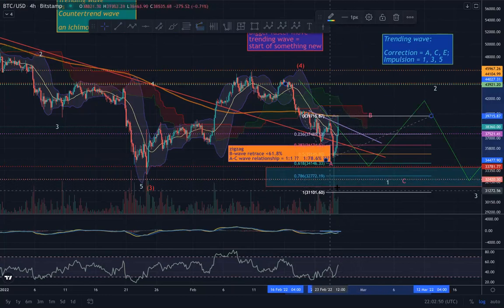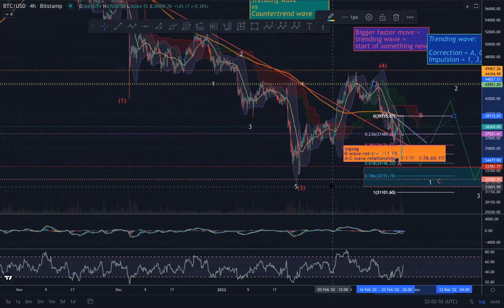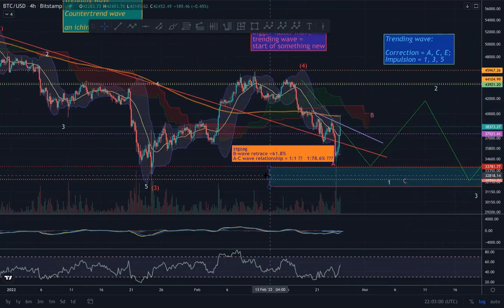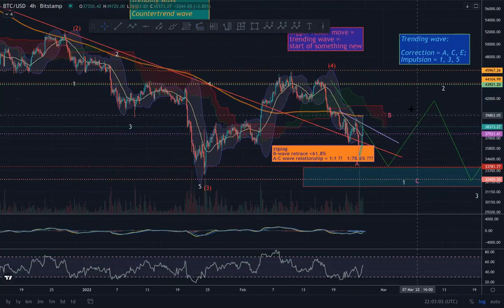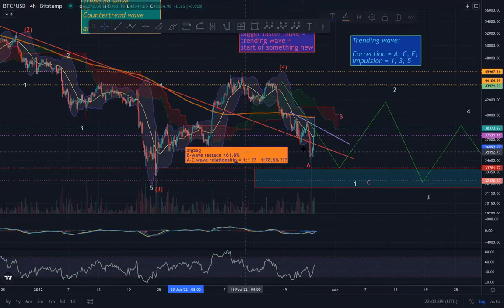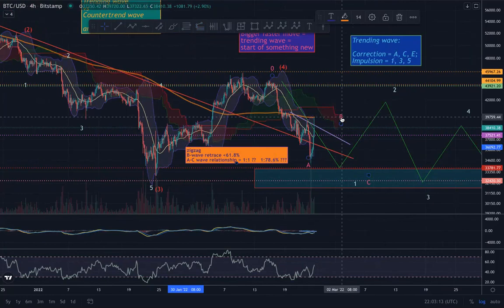Between 31 and 33 is a zone of strong confluence for a rebound. I'm not the only one to say that, and of course everybody knows that when they look left on the chart. But that's why sometimes I start to wonder, is it already moving into this two-wave? But anyway, we're going to see how that works.